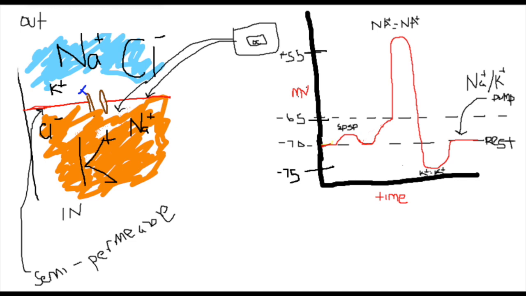The summation continues until the threshold of excitation is reached at -65 millivolts, which is the charge necessary to open voltage-gated channels. Once the voltage-gated channels are open, there is an influx of sodium ions, which results in a huge depolarization spike, which you can see there on the chart that I've sketched here.